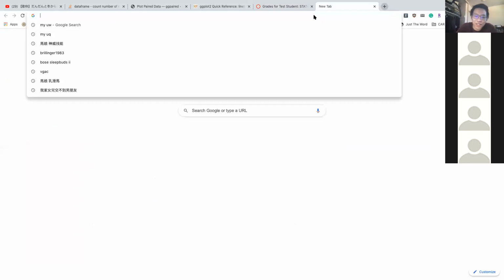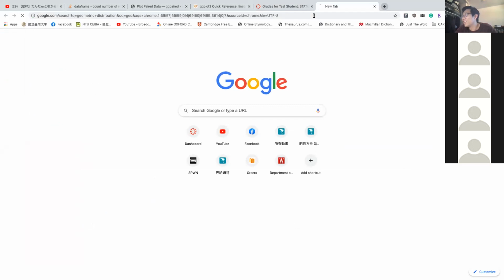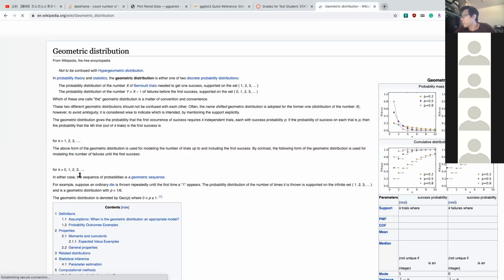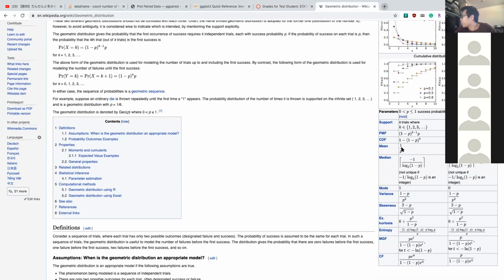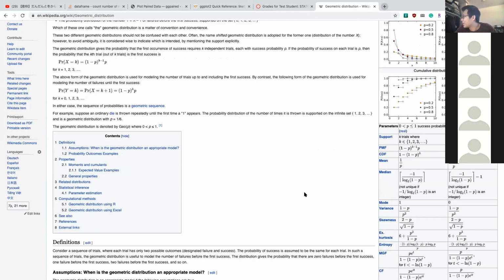If you don't know the geometric distribution, you can just Google it, then find its mean. As long as you say it's a geometric distribution, you can say the mean should be 1 over p, and the variance should be like this. Did I answer your question?